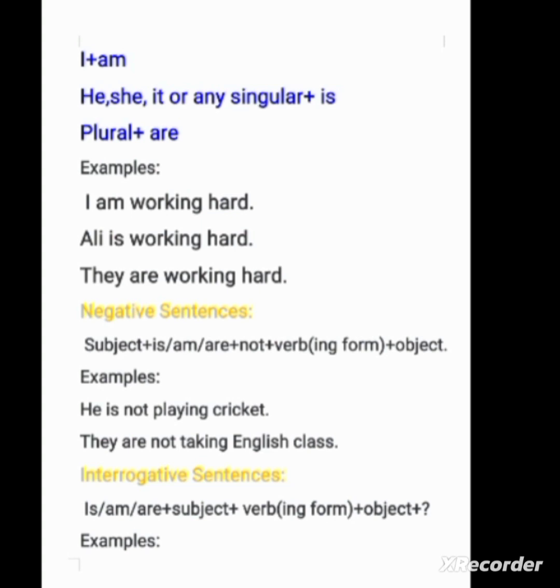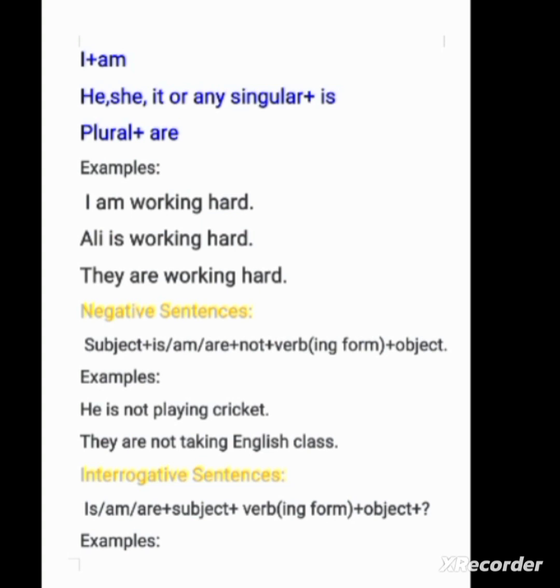They are not taking English class. You also have to make sentences using your own mind, and you can write them in the comment section, then I will check them. So negative sentences are done.